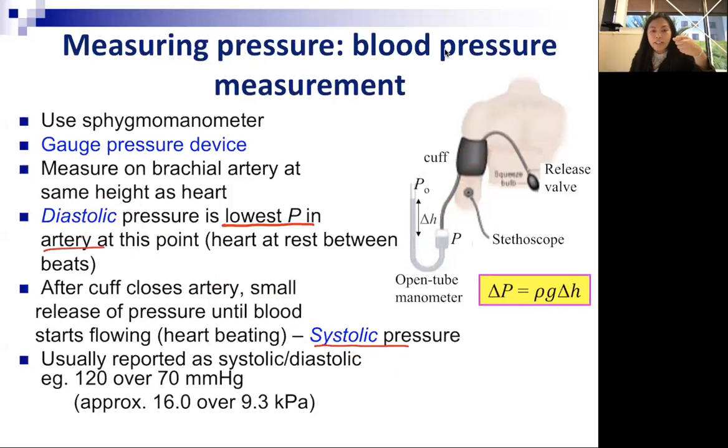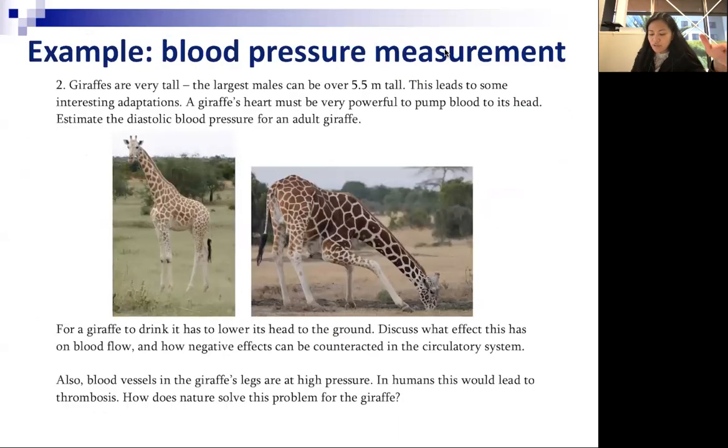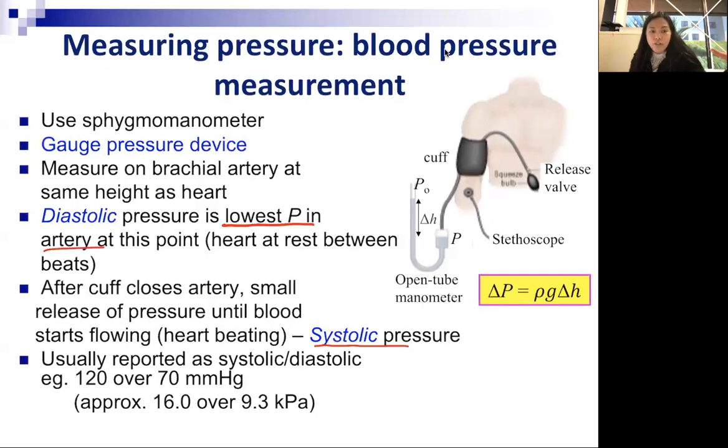That's when the heart is beating. So when we say diastolic pressure, for example, the next problem asks us to find the diastolic pressure. When you read the word diastolic pressure, it just asks you to find the gauge pressure, meaning rho times g times delta h, the lowest gauge pressure. That is what diastolic pressure is all about.